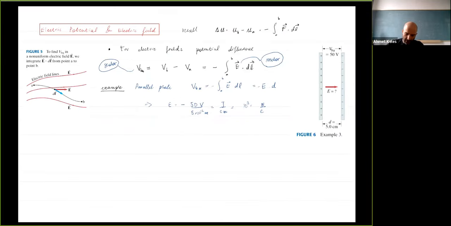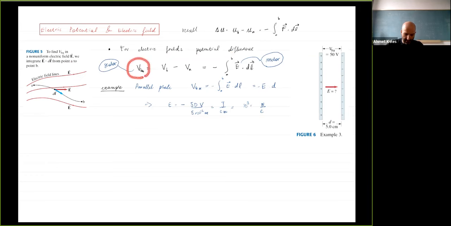So I want to remind you the change in potential energy is delta U, UB minus UA. It's the negative of the work done by the force. Since we are thinking about an electric field that changes from position to position, we have to keep the integral form. So it's minus the integral from A to B of F dot dl. Of course, I told you that we can only think about potential energy differences, so we can only talk about potential differences.